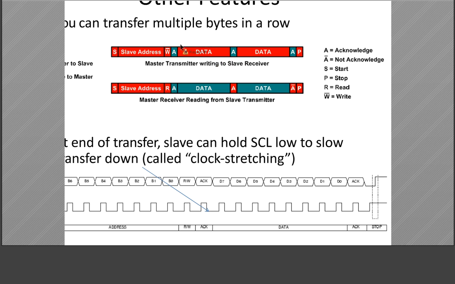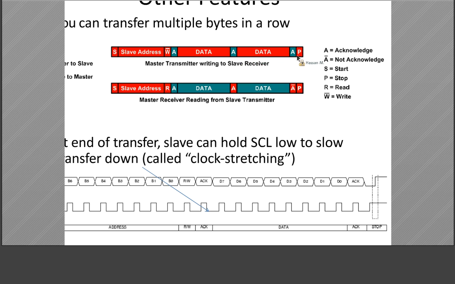Then in red color, data is sent by the master. Then acknowledge from the slave, then another data, then acknowledge, then another data, then acknowledge.